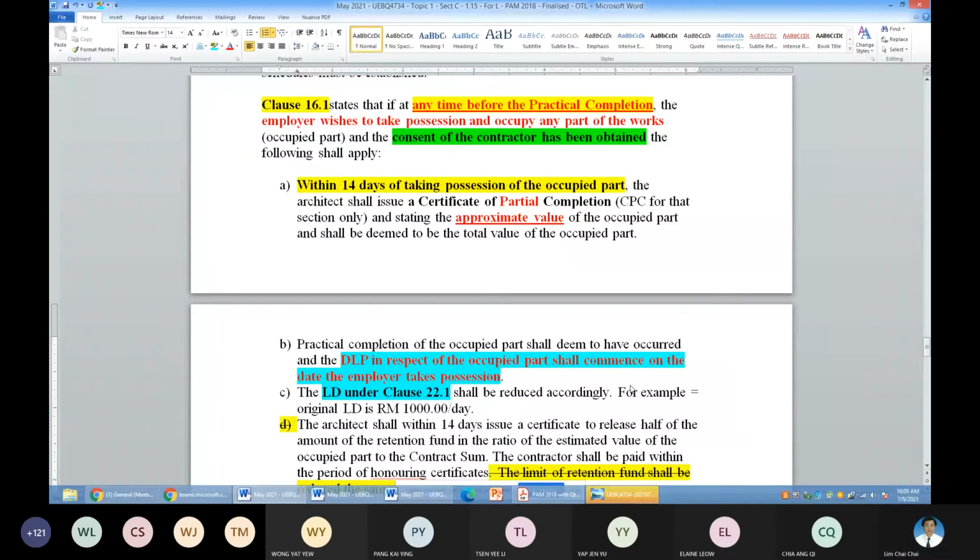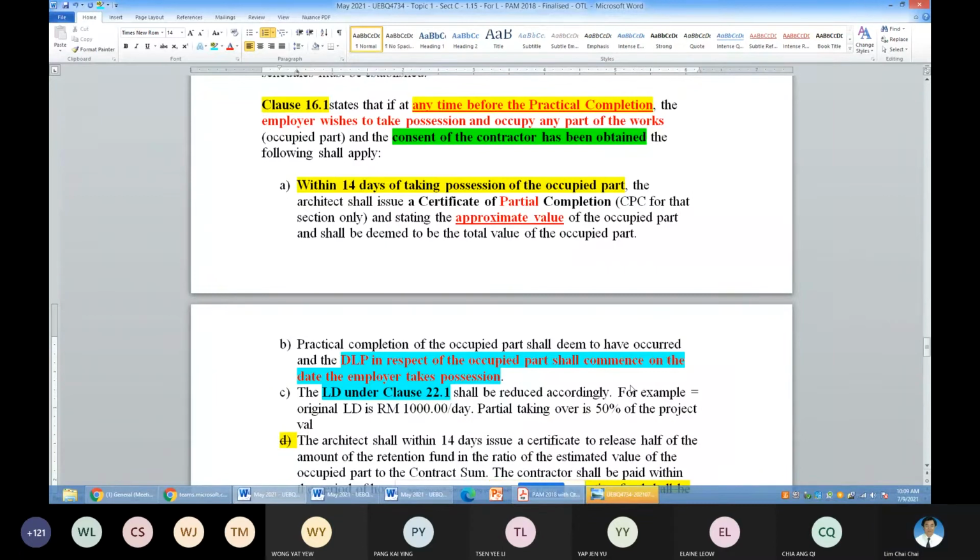Partial taking over is 50% of the project value or amount. So it means that the LD amount will be reduced 50%.